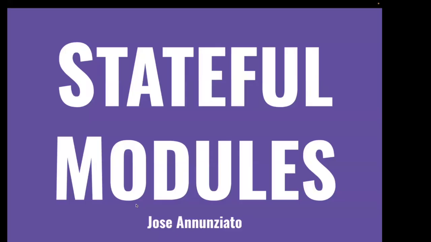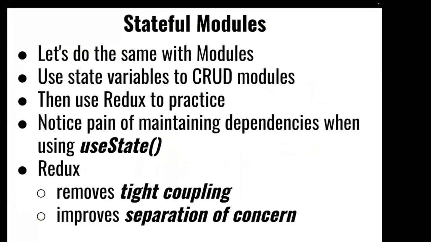All right, so let's do something similar with modules. Again, we're going to first implement all the CRUD operations using the useState. We're going to deliberately create some complex behavior that is going to force us to pass around the state across multiple components.